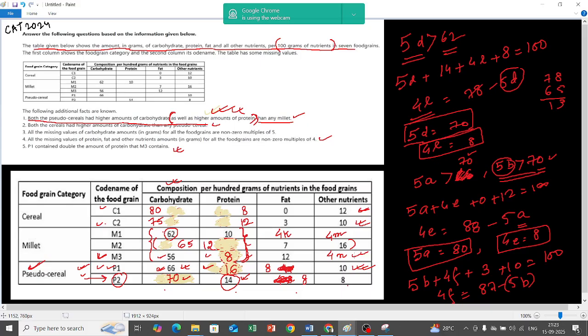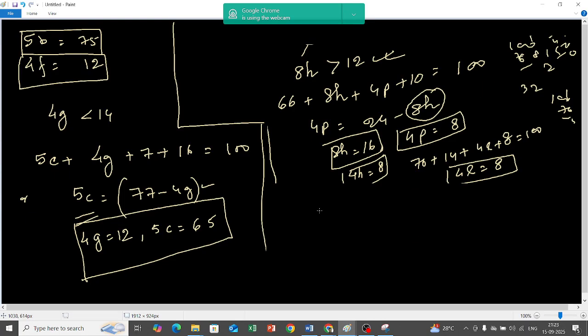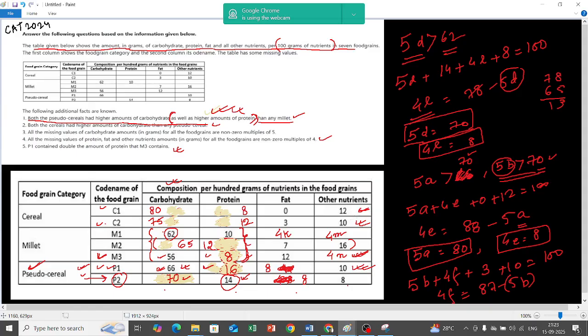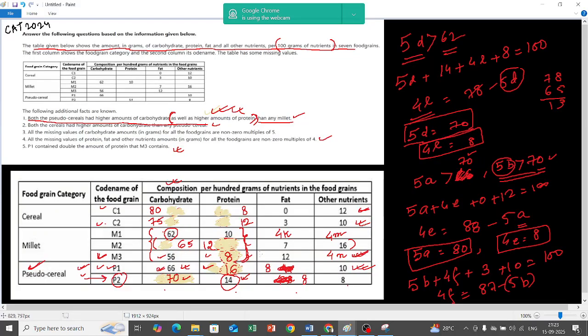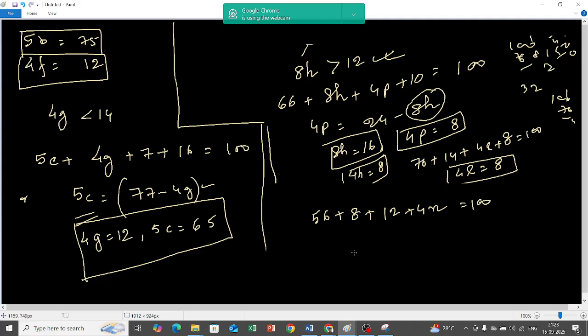If we take up this column, this row, and add all of them, 56 plus 8 plus 12 plus 4n. Okay, 56 plus 8 plus 12 plus 4n equals 100. I can easily find out 4n. That is 24.